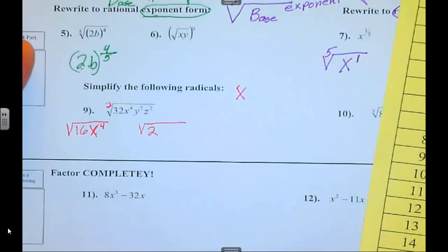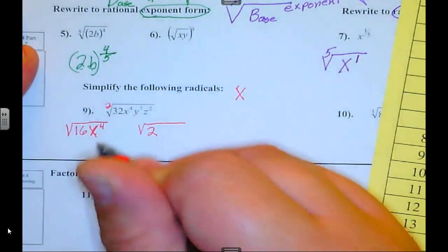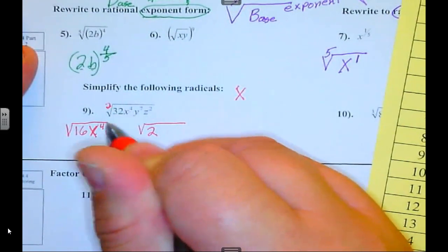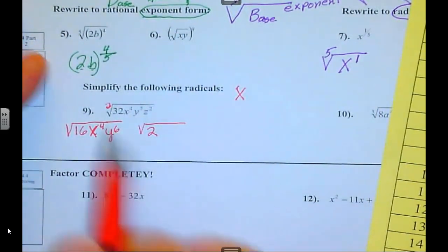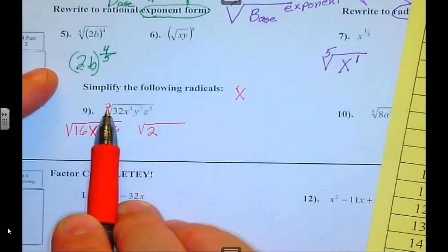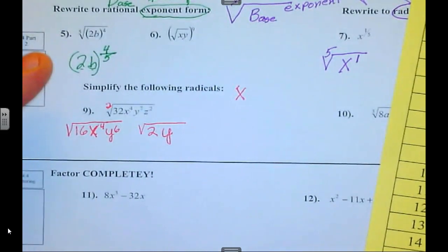Y to the 7th is not a perfect square. However, y to the 6th is. So I'm going to put y to the 6th because 6 can be divided evenly by 2. That means I have 1 y left.